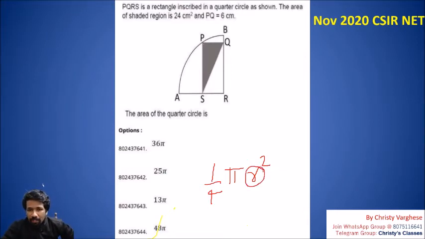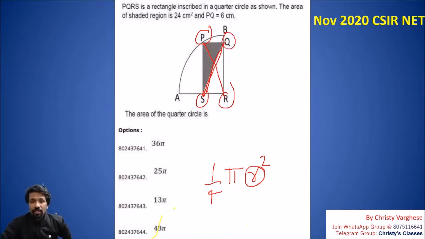Now from the picture, if I join this PR length, that is clearly the radius. So finding that PR length is the important fact. For that, PR and QS are clearly equal because PR and QS are diagonals of this rectangle PSRQ. That is very obvious. Diagonals of the rectangles are always equal. So they both are equal.